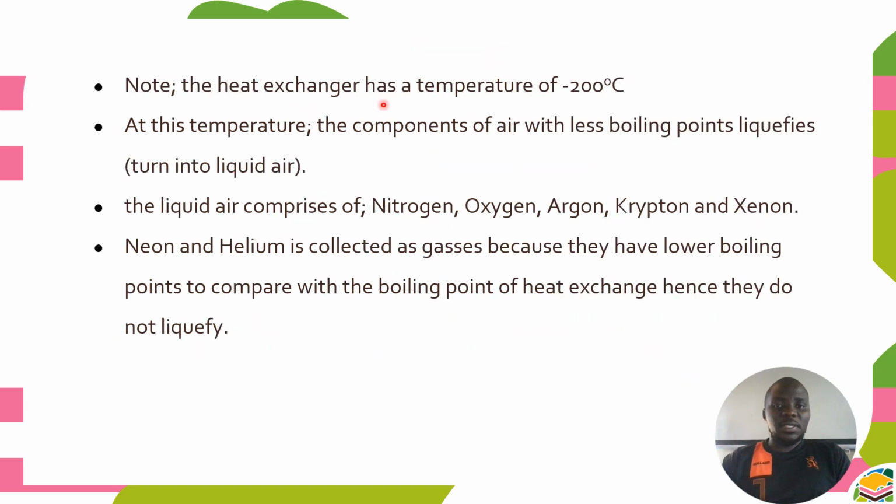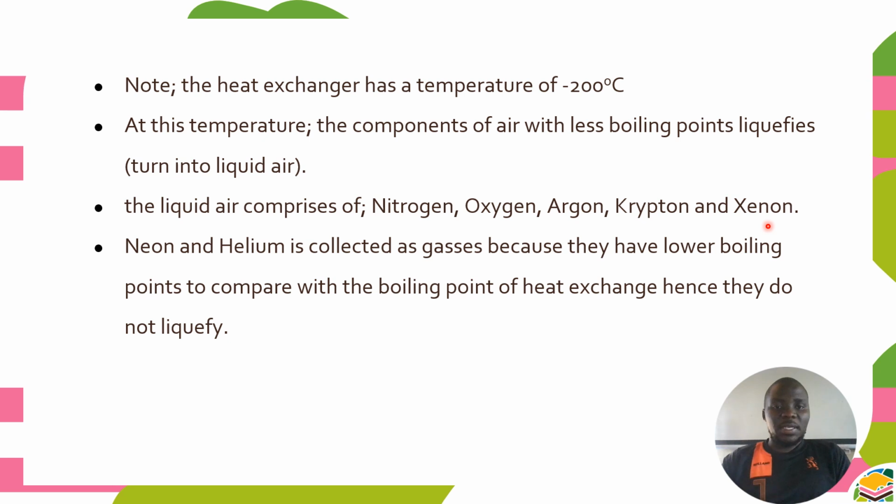Note, the heat exchanger has a temperature of negative 200 degrees Celsius. At this temperature, the components of air with higher boiling points are going to liquefy, turning into liquid air. The liquid air comprises nitrogen, oxygen, argon, krypton, and xenon.